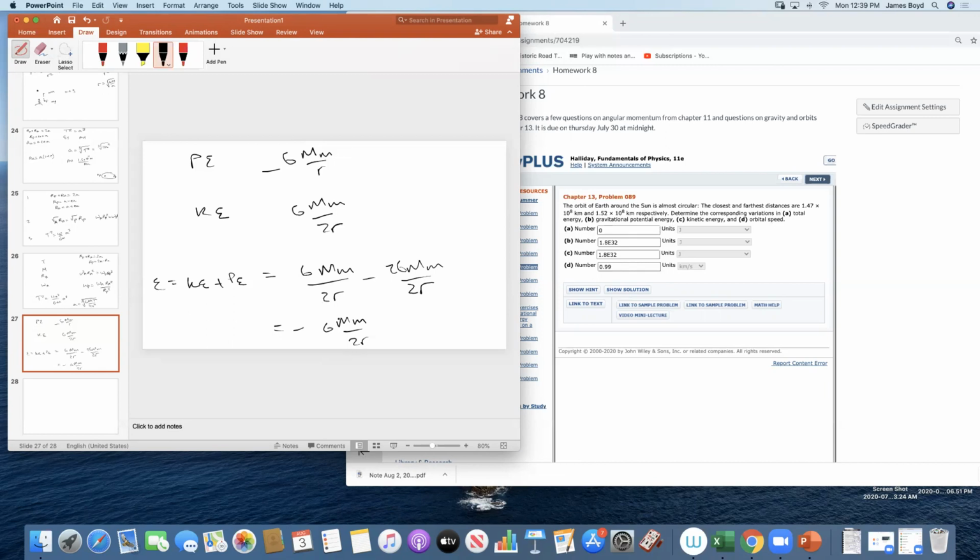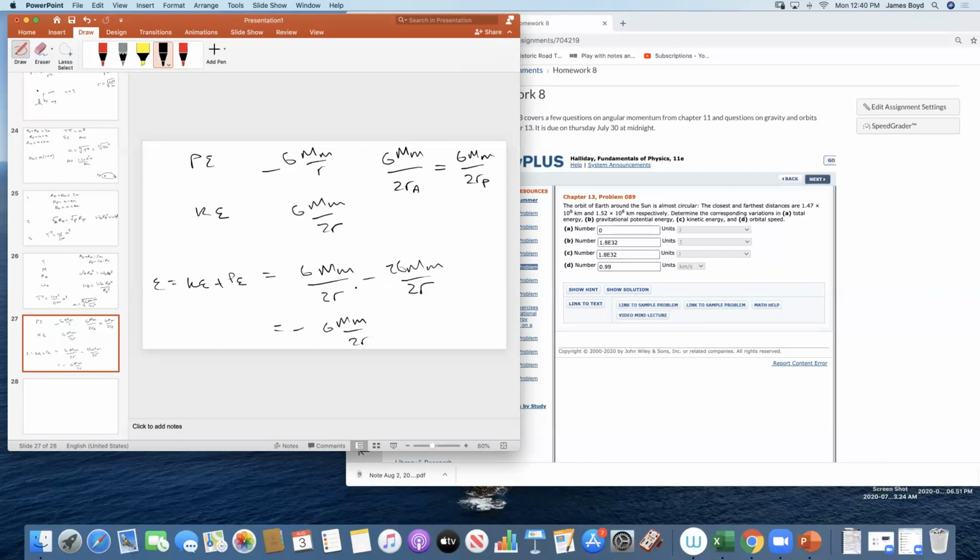Weirdly, you have to be careful because this isn't necessarily true. GMm over 2RA cannot be equal to GMm over 2RP, right? Because that would say that RA and RP are equal, and that would only be true for a circular orbit.